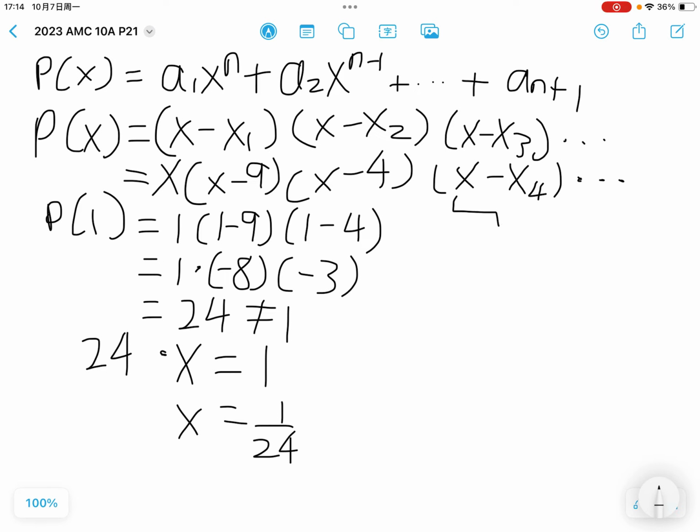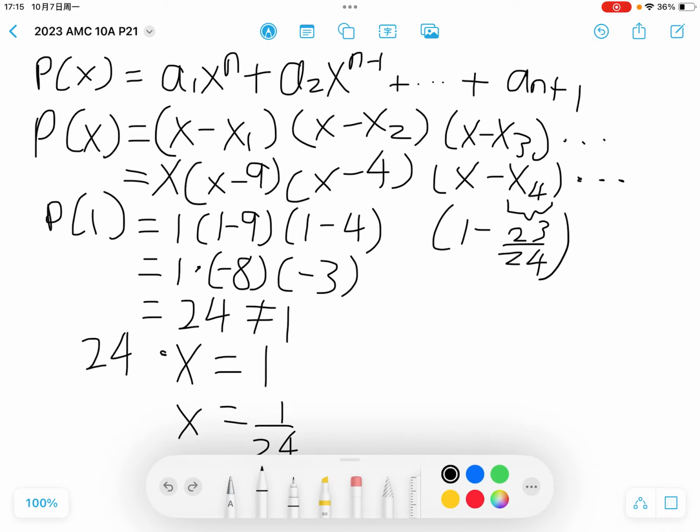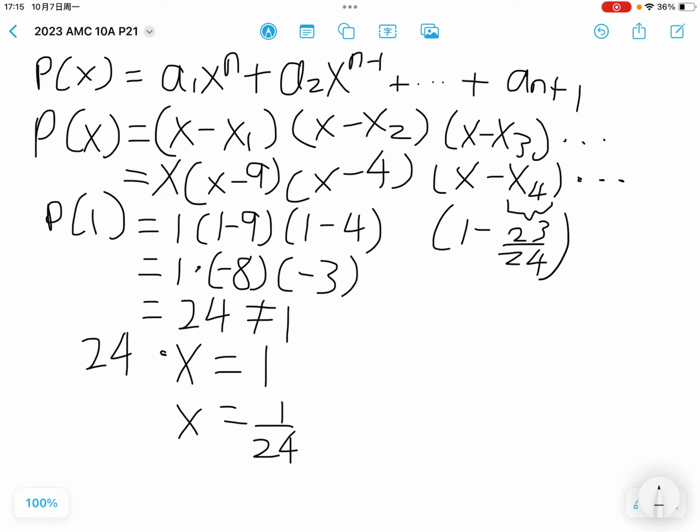Notice that this whole thing here is 1 over 24. So this means that x sub 4, the fourth root, must be 23 over 24, such that when we have 1 minus 23 over 24, this is 1 over 24, and it gives us the answer of 1 for P of 1. So we know that the fourth root must be 23 over 24.